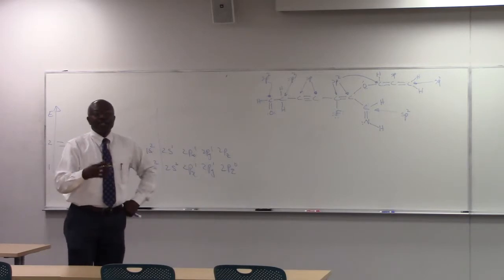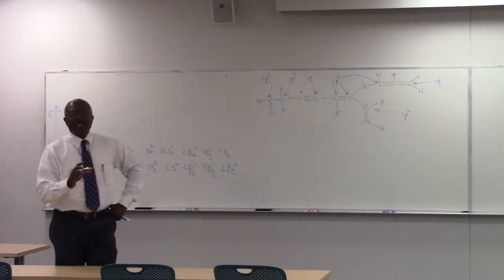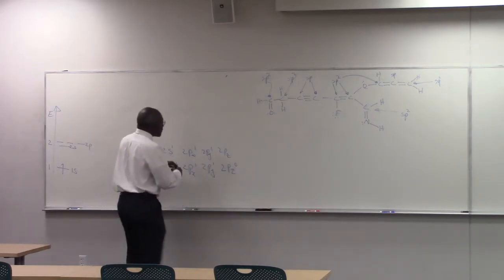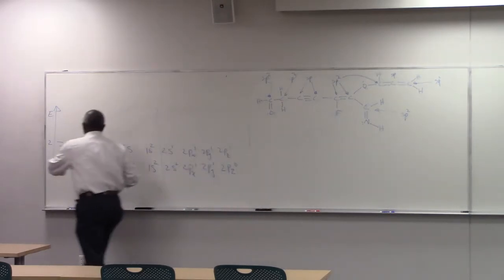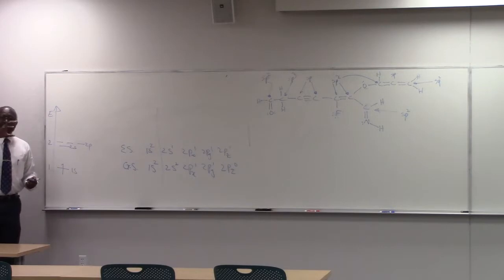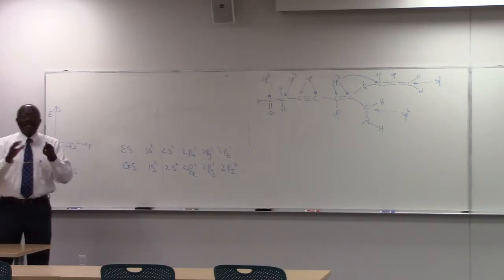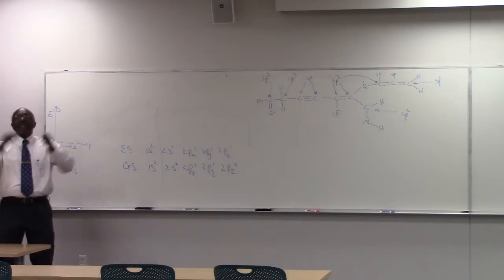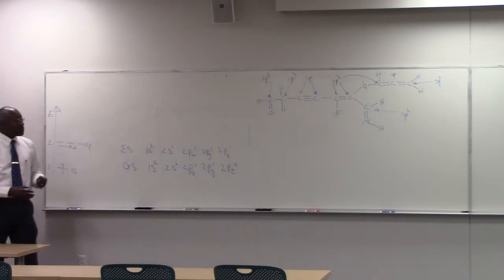In other words, the orbitals in the 2s and 2p energy levels are similar in energy. The gap between 2s and 2p is not massive, so there's a similarity in energy. And the 2s and 2p are similar in size. I mean, the s is smaller, but it's not massively smaller than the 2p.